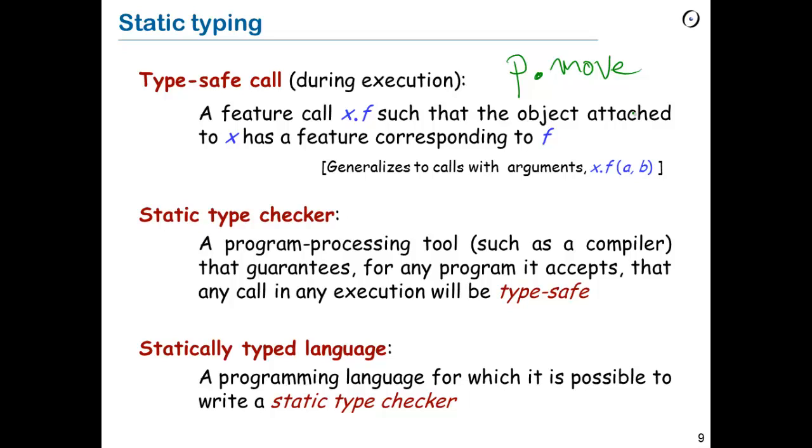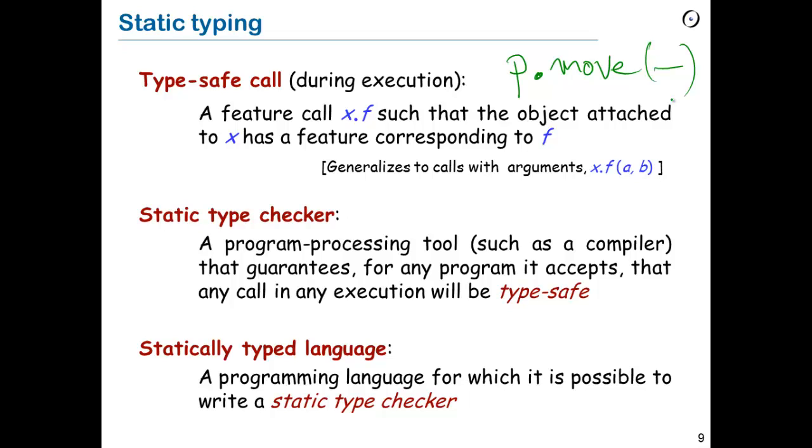But p shouldn't be a city, because as far as we know, cities don't move. And so if you mistakenly have a call like this with a target p that denotes an object for which the class does not have a move operation with the appropriate arguments, if any, if the compiler accepts it, then it guarantees that this is not going to be the case, and that is what defines a statically typed language.